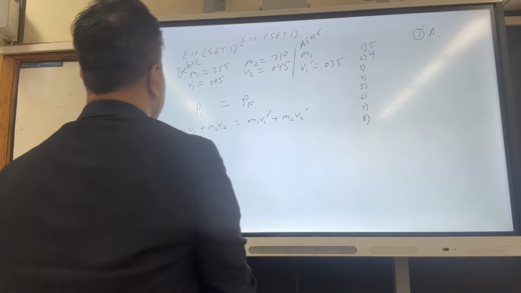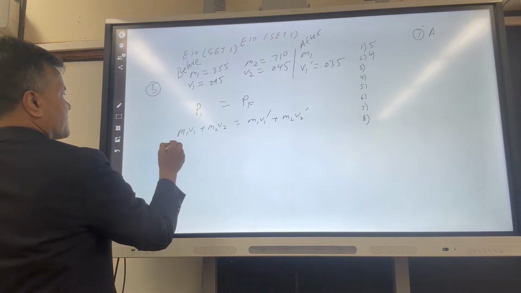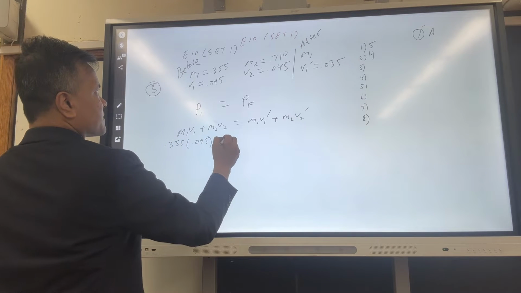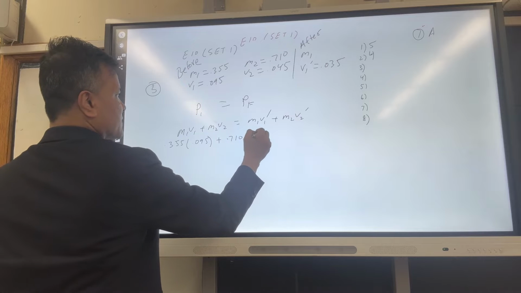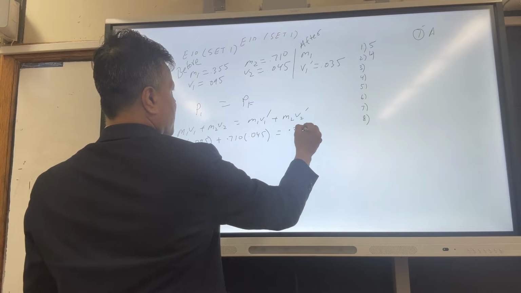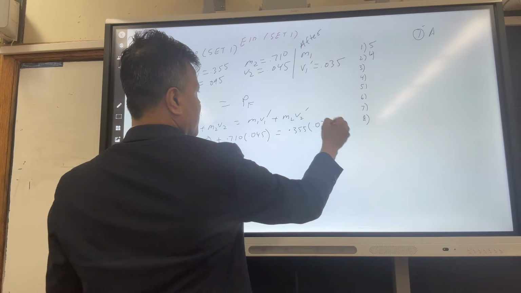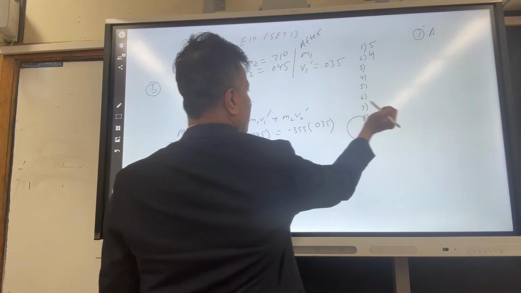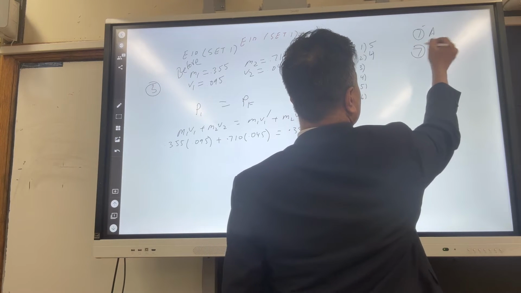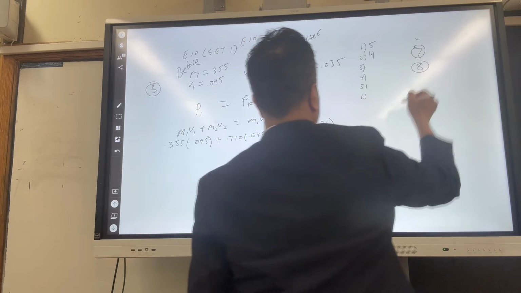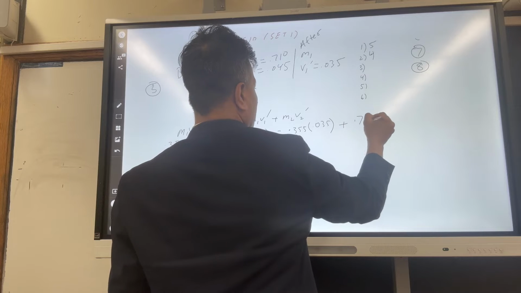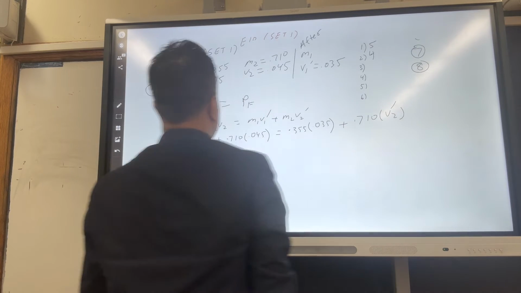All you need to do is put this thing in the calculator. 0.355 times 0.095 plus 0.710 times 0.045 is equal to 0.355 times 0.035 plus m2, which is 0.710, v2 prime.